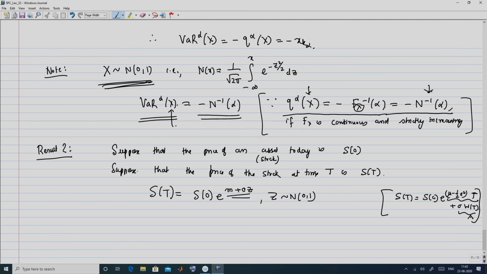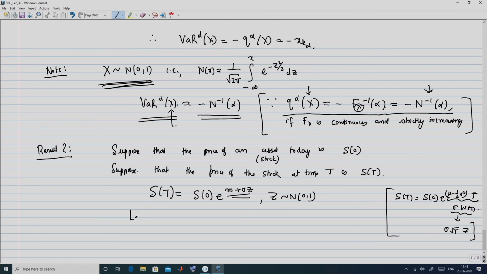Remember, W t is N(0,t). So, this should be written as sigma W t, which can be rewritten as sigma into square root of t into some N(0,1) distribution.